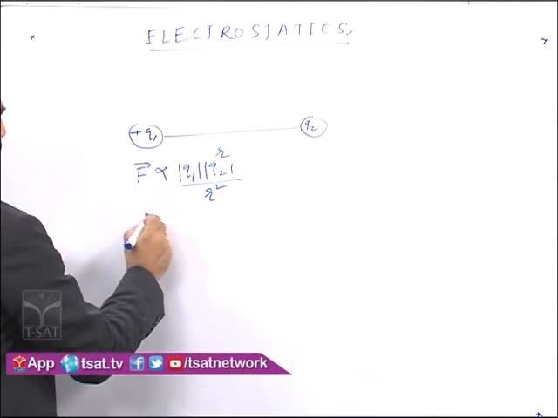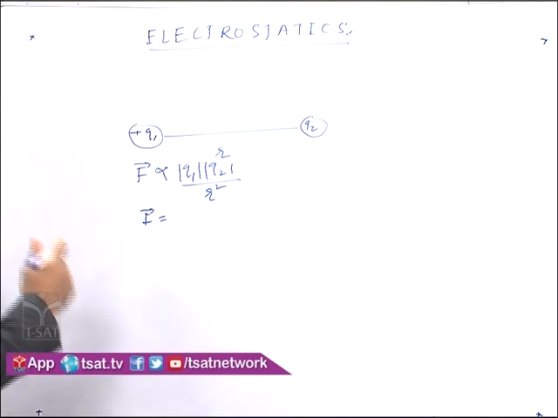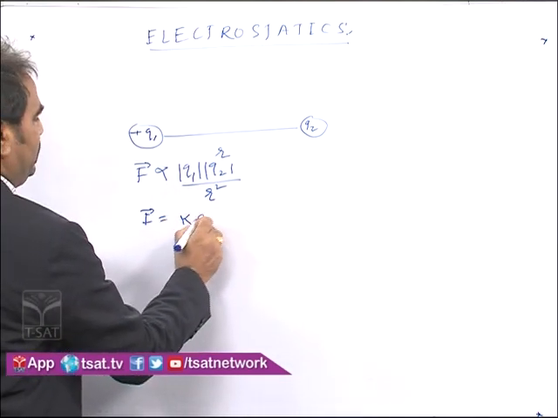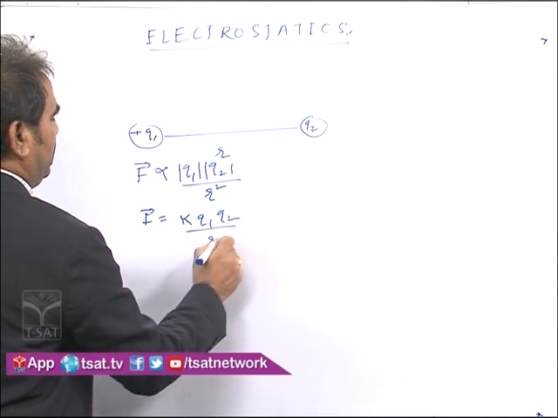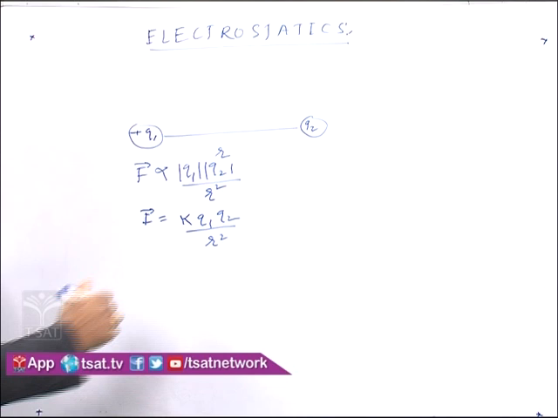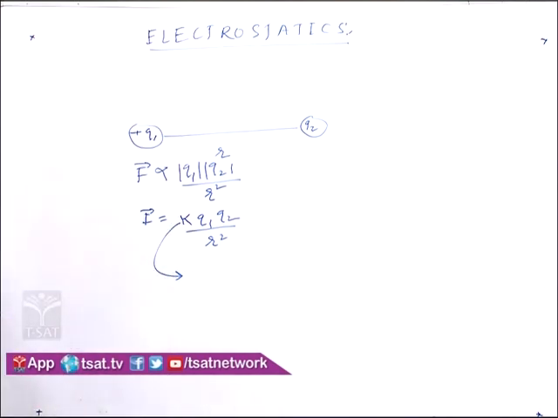Therefore, F is equal to some constant k into Q1 into Q2 by r square, where k is called the proportionality constant or dielectric constant.